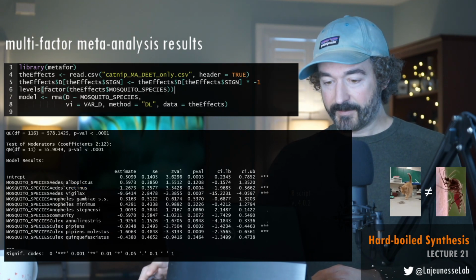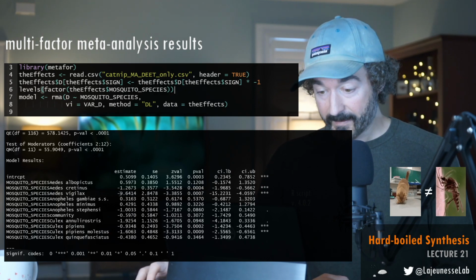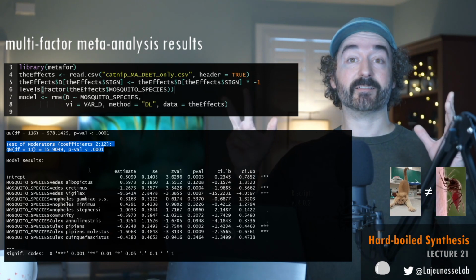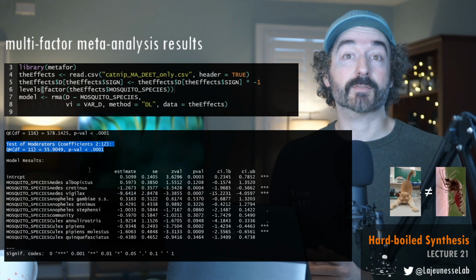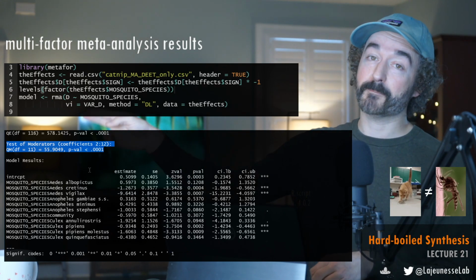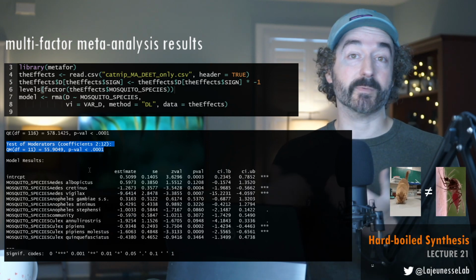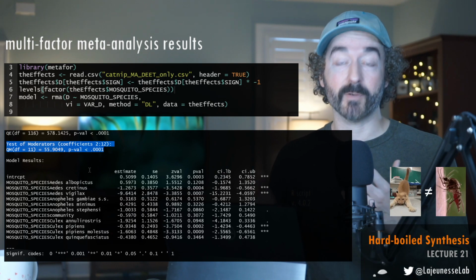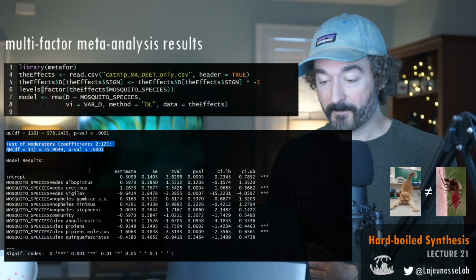Okay, and so this is kind of useful if you want to make comparisons between species. This model here in particular is testing whether or not there's a difference amongst mosquito species. It's an omnibus test. The QM here, if you go back to the original ANOVA style meta-analysis models, we would call this QB, the Q between test. Here we have the Q moderator test, or QM, for the number of groupings that you want to compare.